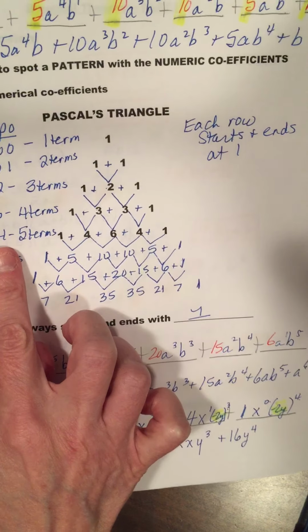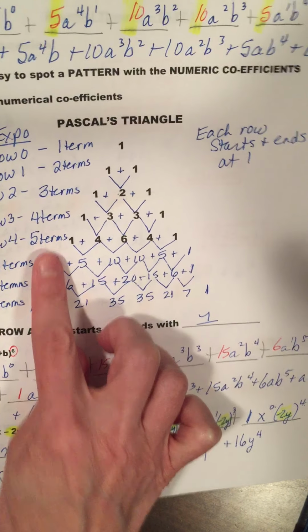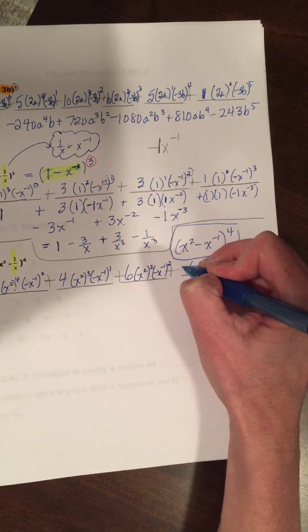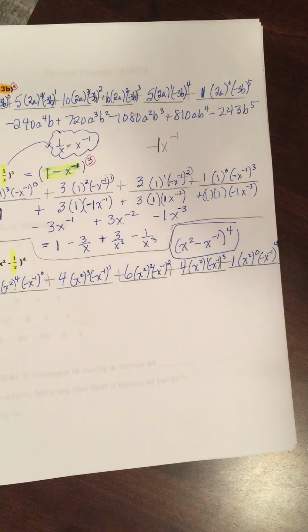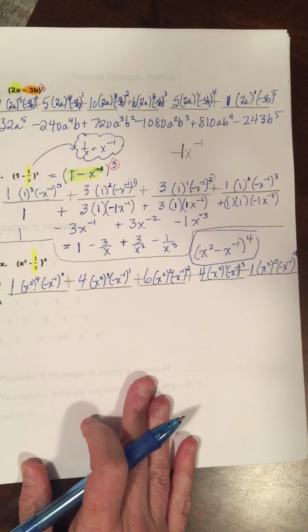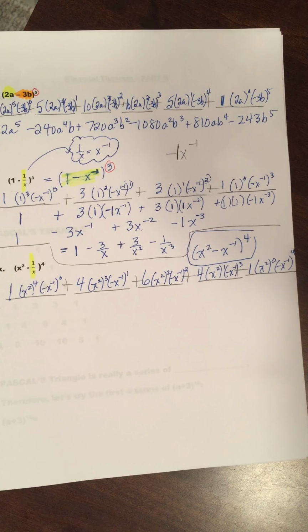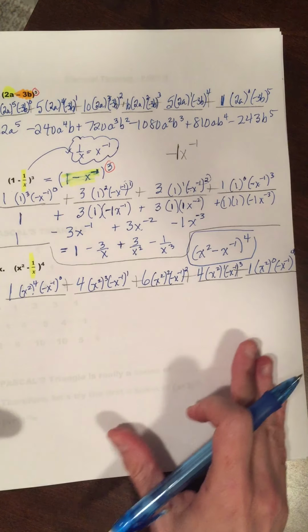Exponent was a 4, row 4, 5 terms: 1, 4, 6, 4, 1. Again, it's a very memorized step. You can easily gravitate to it. It's the next part that's going to take some time.